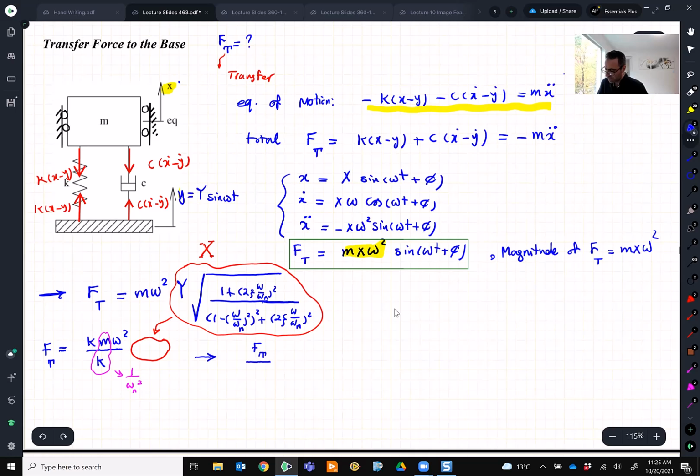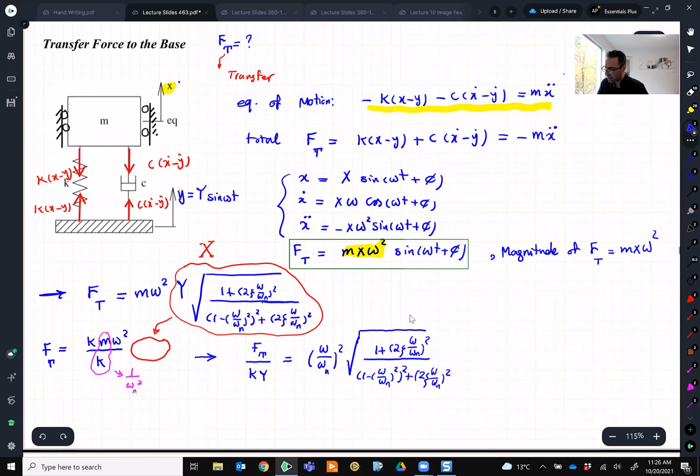divided by k Y is equal to (omega over omega n) squared times the square root of 1 plus (2 zeta omega over omega n) squared, over (1 minus (omega over omega n) squared) squared plus (2 zeta omega over omega n) squared.